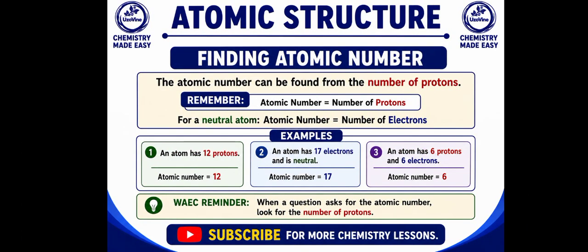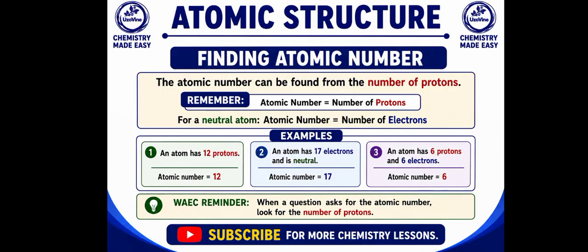Let's look at how to find atomic number. The atomic number can be found from the number of protons. We said from the formula that atomic number equals number of protons. Examples: number 1, an atom has 12 protons. What that means is that the atomic number is automatically 12.